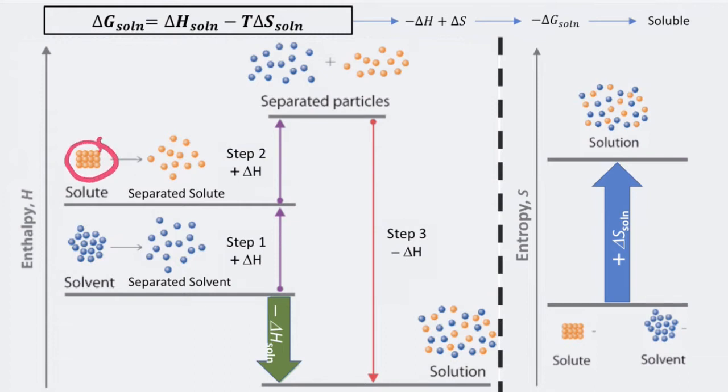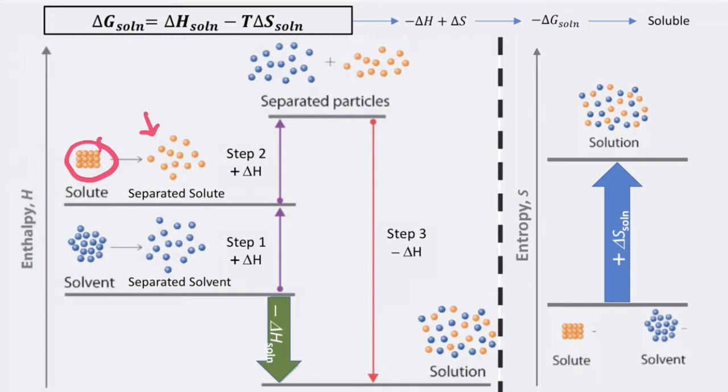When a solute dissolves, the solid's molecules or ions have to be pulled apart from each other, where it says separated solute. They have to be pulled apart so they can make room for the solvent when it comes in and surrounds it. So pulling it apart takes heat, which is a positive delta H, positive enthalpy, to break the ionic bonds, hydrogen bonds, dipole-dipole interactions, van der Waals forces, all of those intermolecular forces that are holding them together.